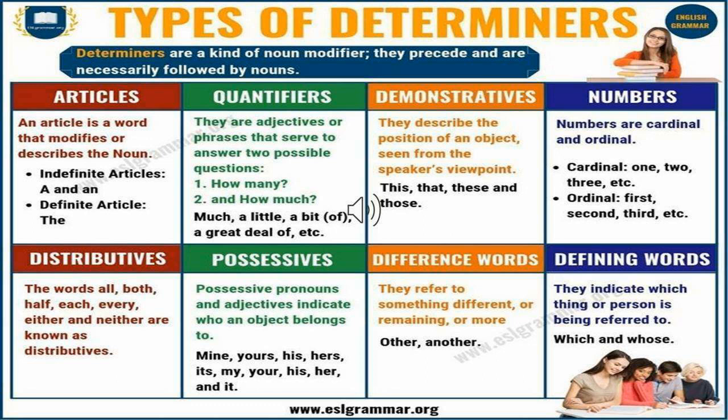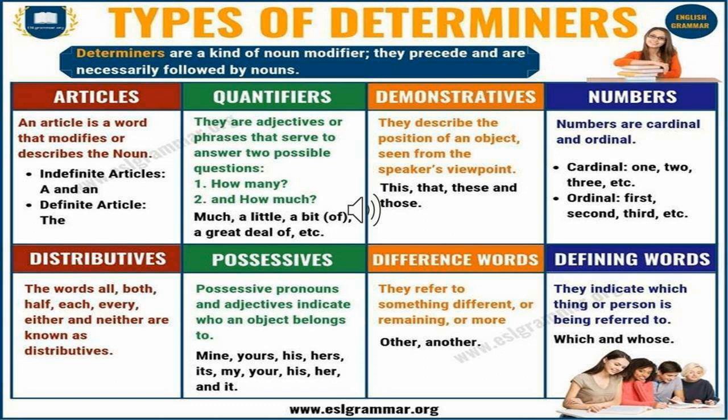Next is possessives. A possessive is a word that shows that a certain thing or person belongs to somebody or something. They function as adjectives or pronouns.